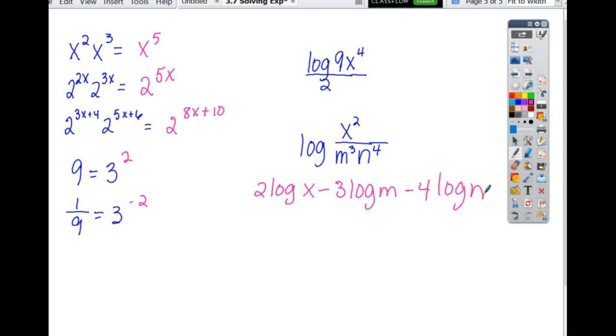But can I write this if I factor out the -1 here? So are these the same thing? They are.